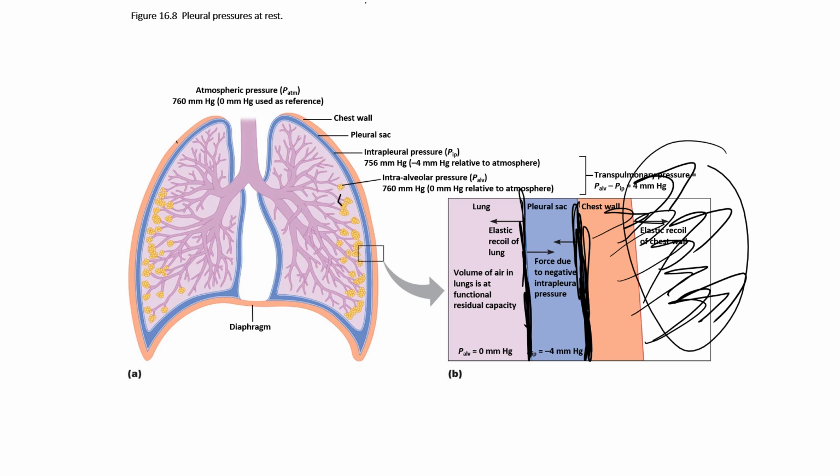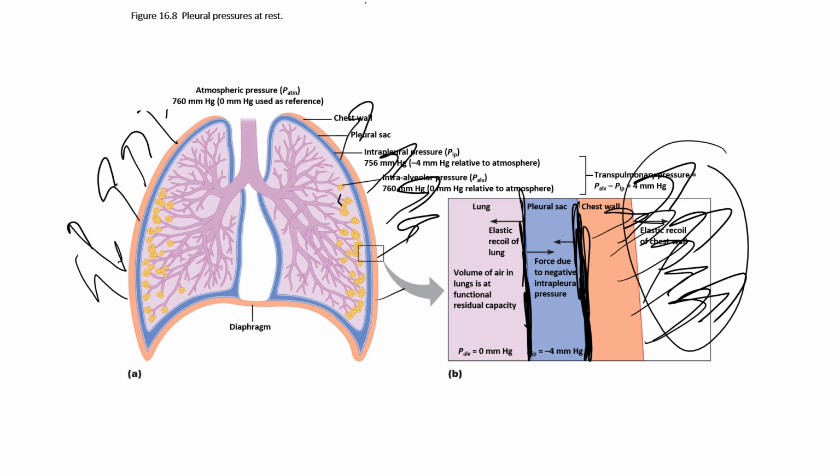Again, I can draw it over here too. The chest wall is moving up and out, and that's pulling the entire parietal pleura, which attaches to the entire inside of the chest wall, up and out and away from the visceral pleura that attaches to the lung. Now you think, well, what is that going to translate into?